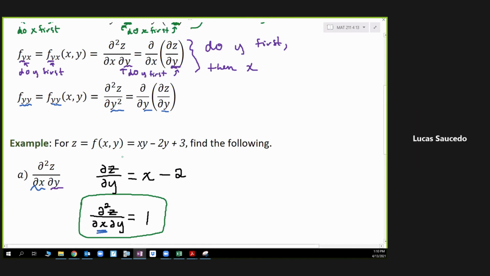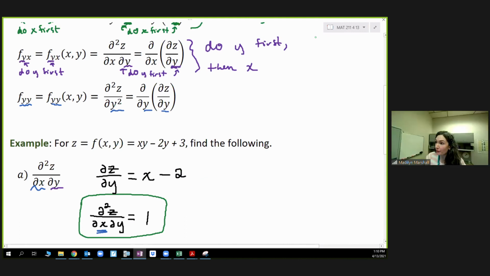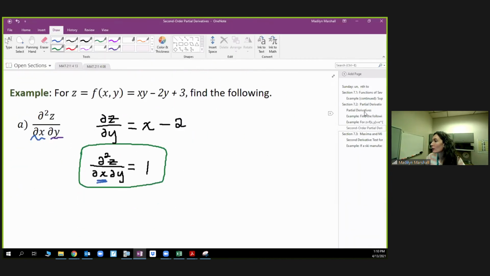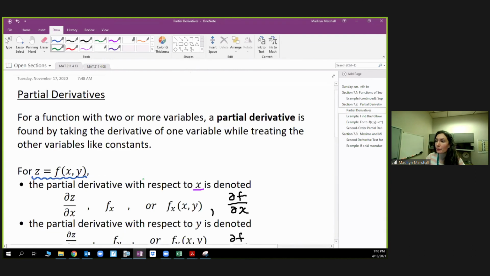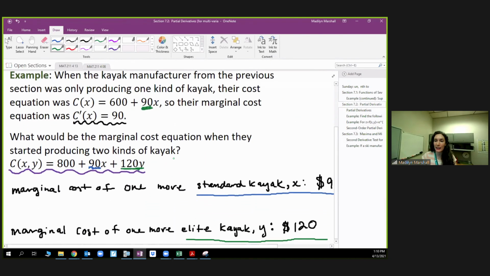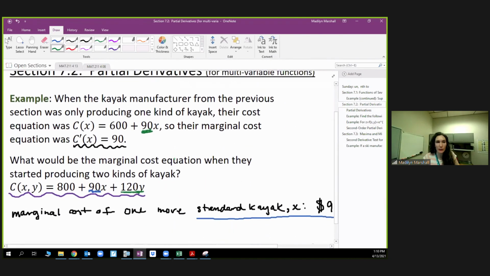So how is this information useful or even used in business calculus? Let's back up a little bit. Any time we use a derivative in the last few months, partial derivative is how we do that with multiple variables.